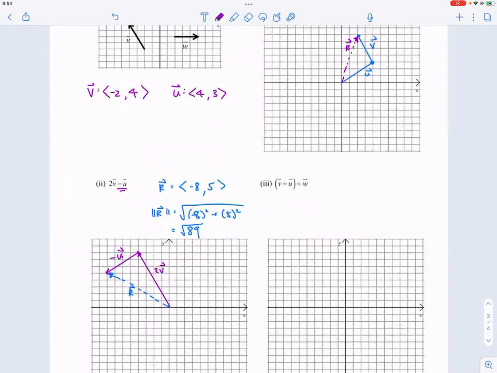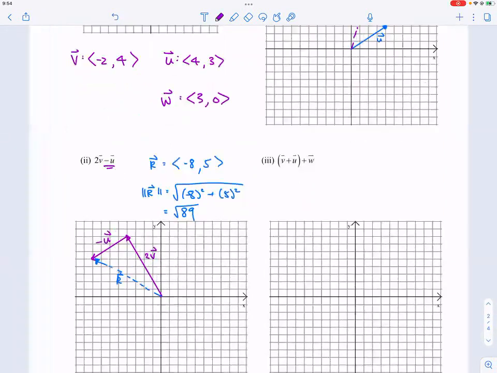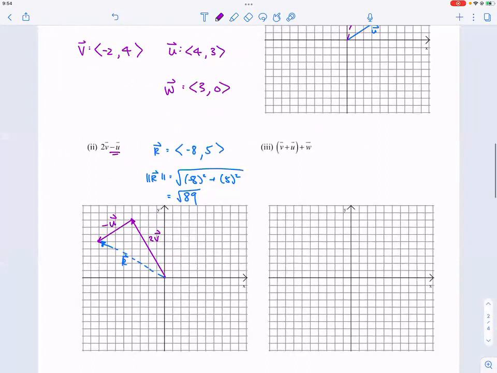And now we're going to have the w here as well. w is very simple. It's just moving to the right for 3 units. So we just have to draw all the vectors here. So -2, 4 is right here. That would be your v vector.